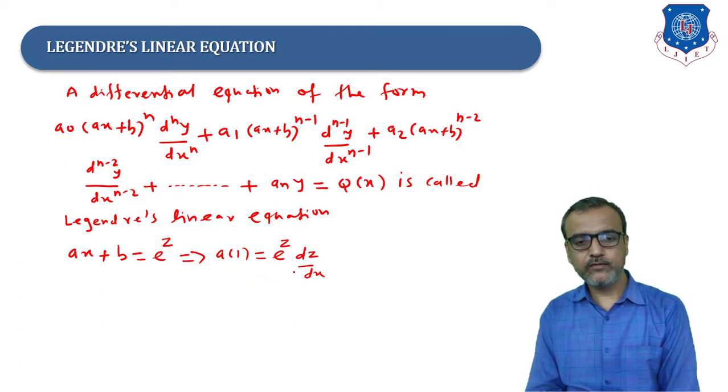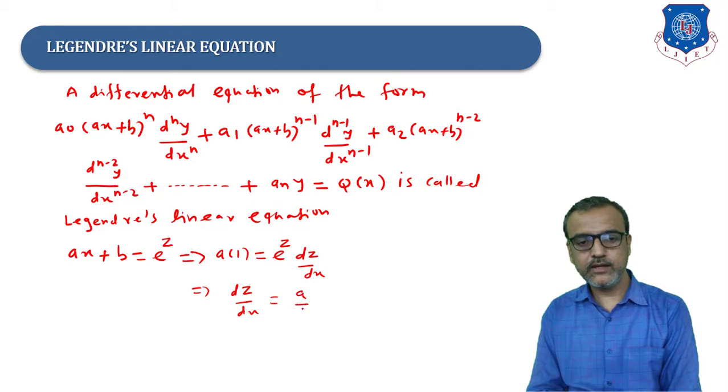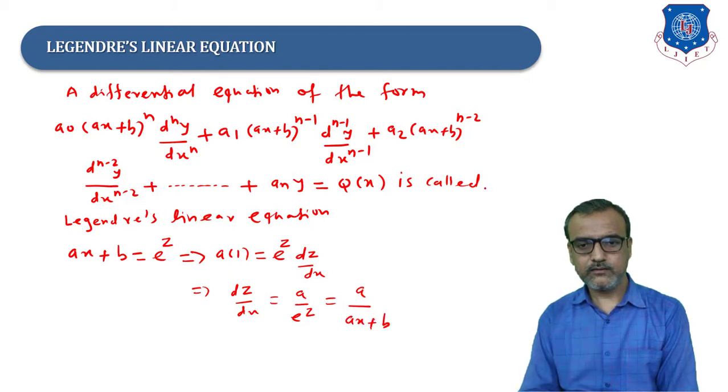So from here we find dz/dx = a/e^z, that is a/(ax + b). So this is equation number 1.